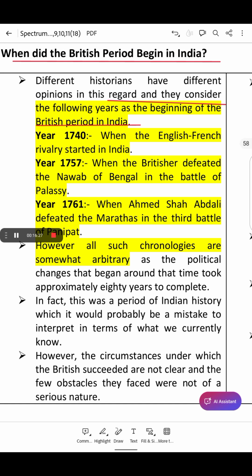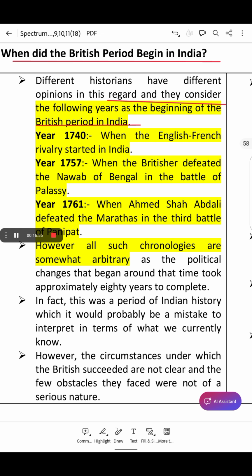Both Britain and France had established trading companies in India. We all know that the British East India Company was founded in the year 1600, whereas the French East India Company was founded in the year 1664. Yet these companies competed with each other for dominance over the trade, especially for spices, textiles and other valuable goods.